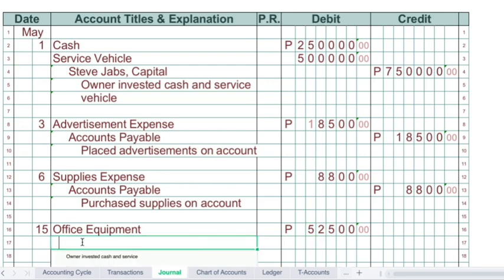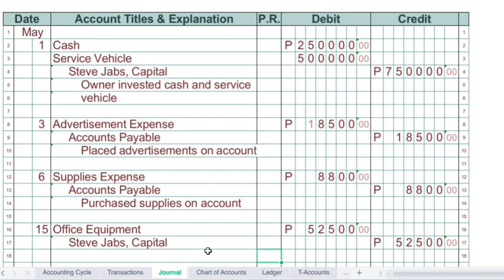And then we will credit Steve Jobs' capital. With the same amount, $52,500. So kung mapapansin nyo class, dun ako sa right side nag-i-start ng pag-input ng values. Okay, para maiwasan natin magkamali.